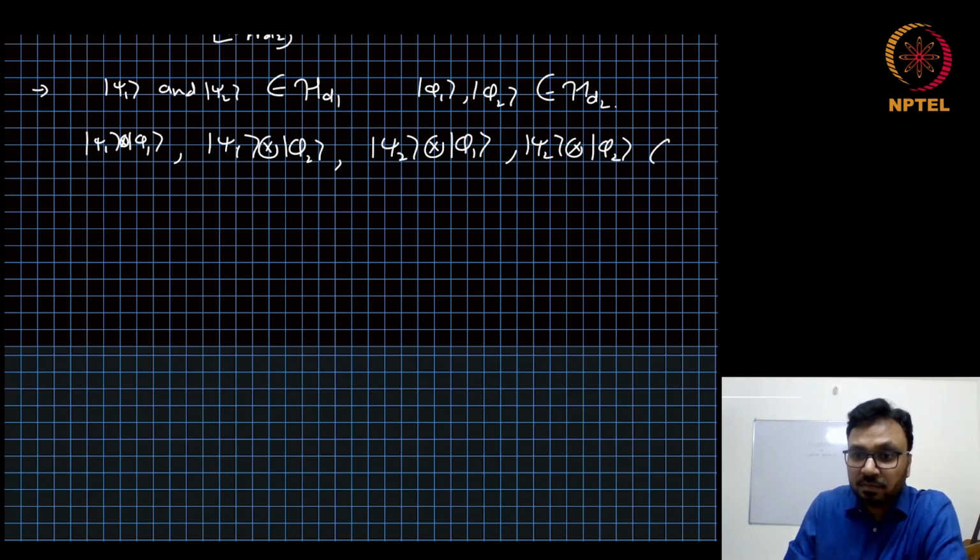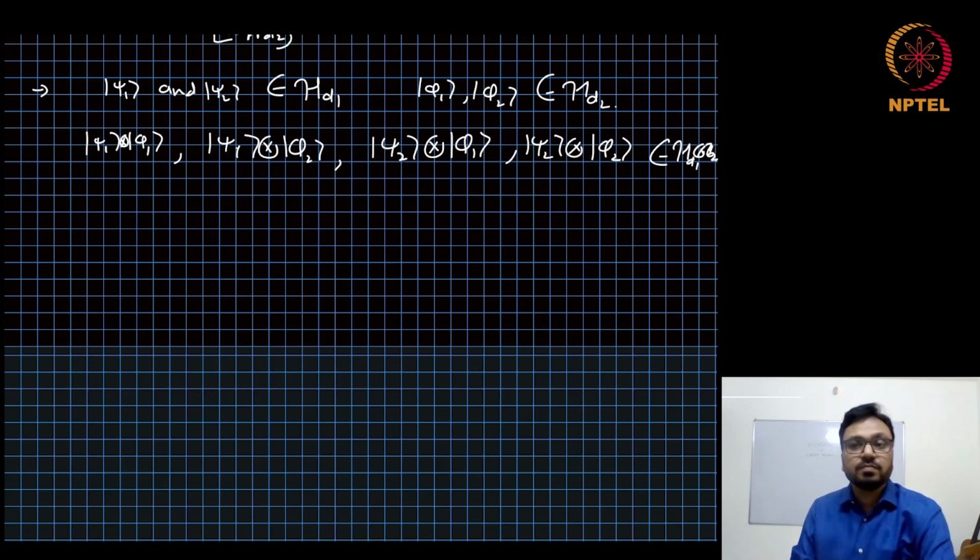All of these belong to HD1 tensor HD2. So these states belong to HD1 tensor HD2, and it's a valid Hilbert space, it's a valid quantum system and so on.